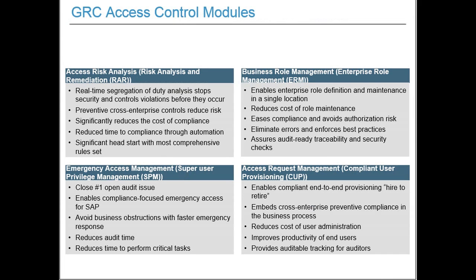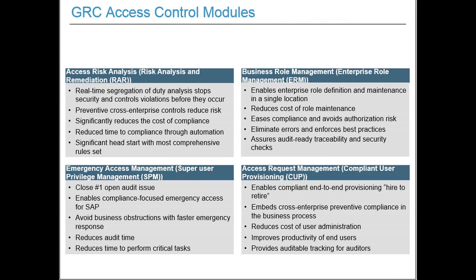When you use this in a real-time scenario, as I discussed before, even before you give a transaction code to a user to carry out certain actions, the system will prompt if there is an error. Before you actually give that transaction code, you have a clear picture of what is going to happen. What-if conditions are very clear using access risk analysis.